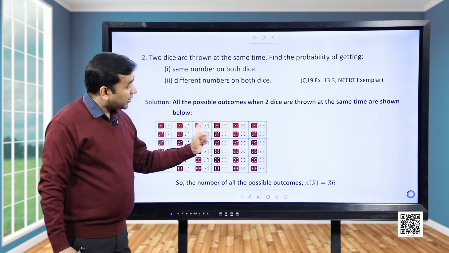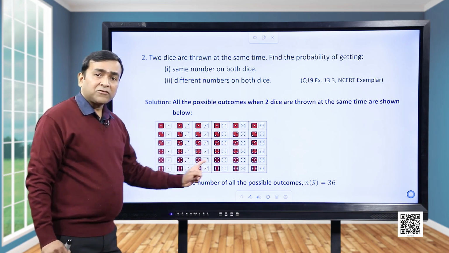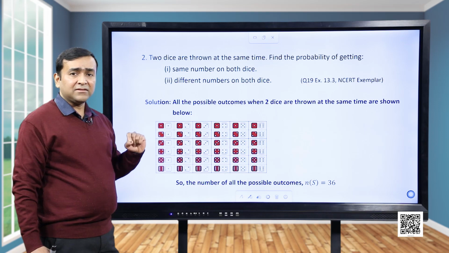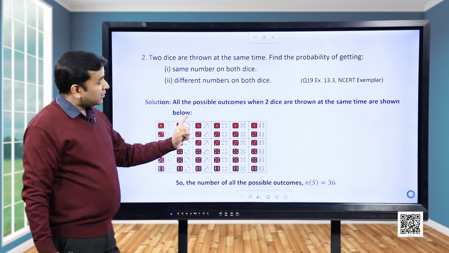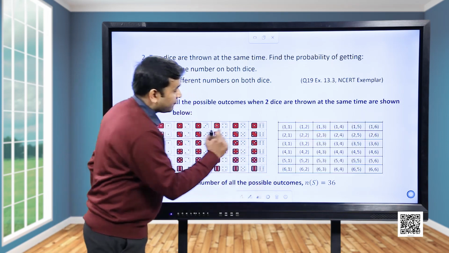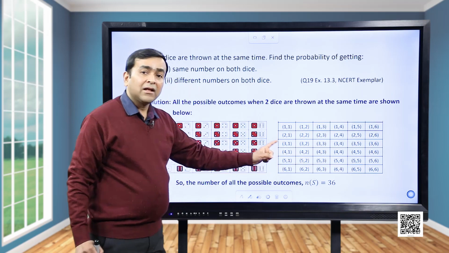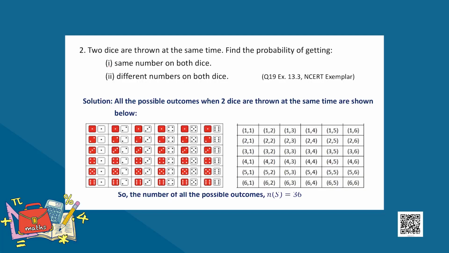Likewise, continuing in this manner, we may get all such possible outcomes. So how many are these? Let me just write this table into a number format. If you count these outcomes, these are 36 in number. So the number of all the possible outcomes is 36.